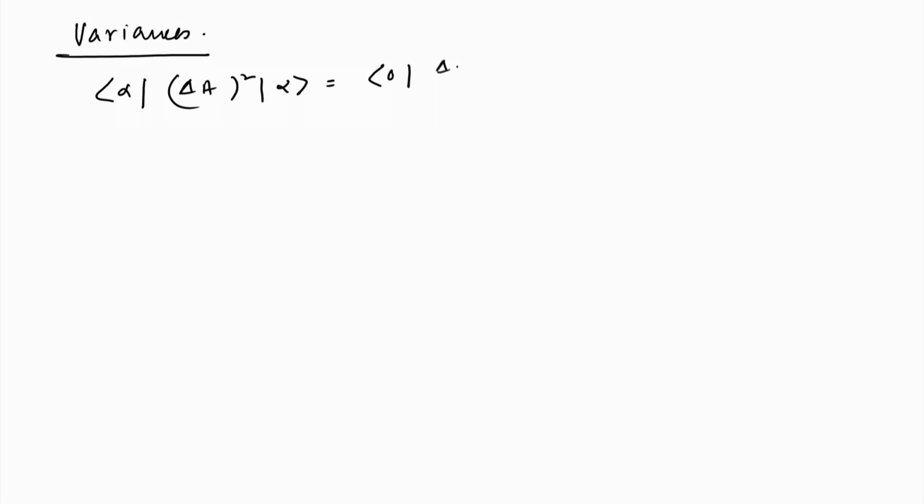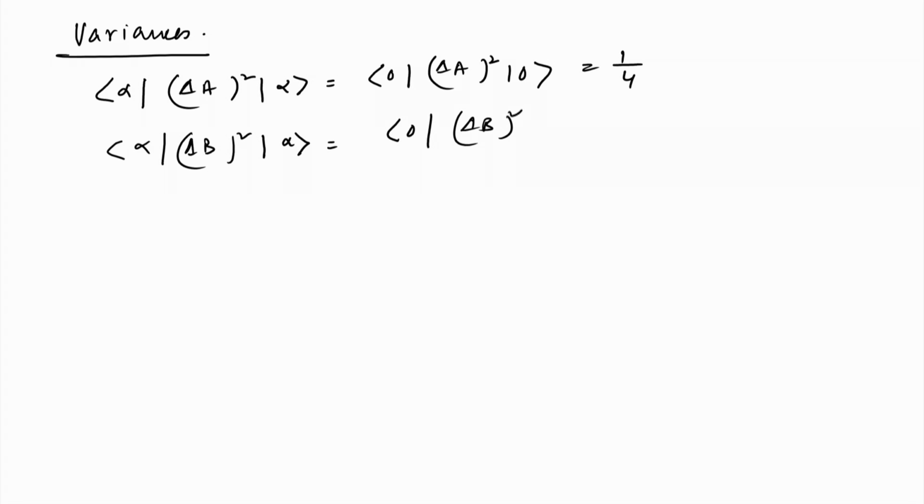So, now if we want to calculate the variances, that is, alpha delta A square alpha, which is equal to 0 delta A square 0, equal to 1/4, and alpha delta B square alpha, which is equal to 0 delta B square 0, which is equal to 1/4 itself.